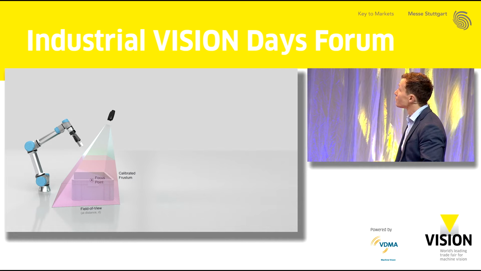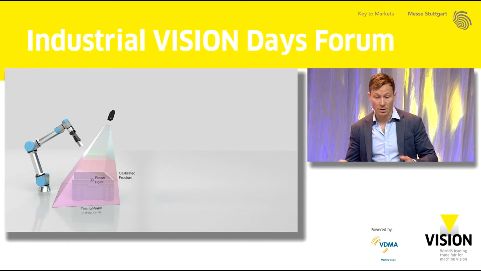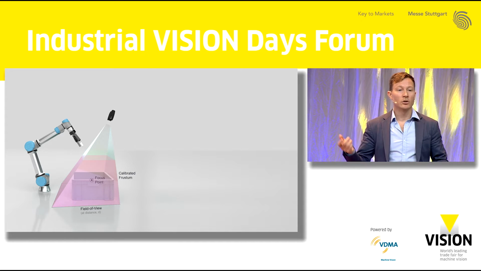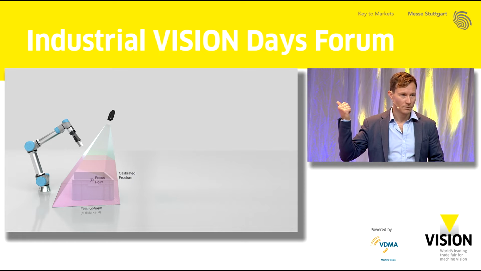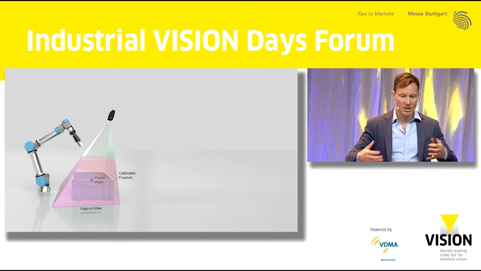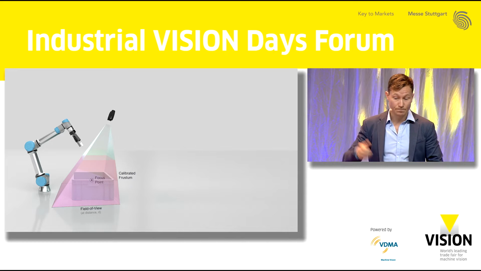And then we calibrate the camera in a certain way, and we want to understand how the point cloud is distorted and scaled and misplaced in that entire working volume.